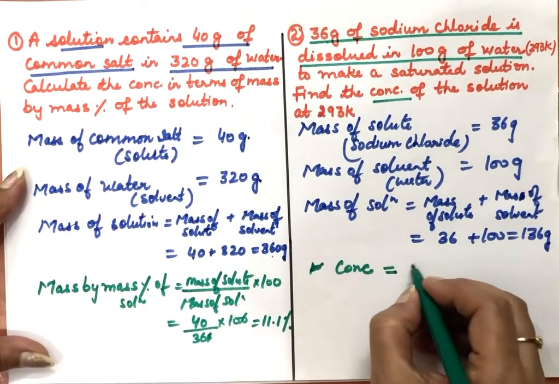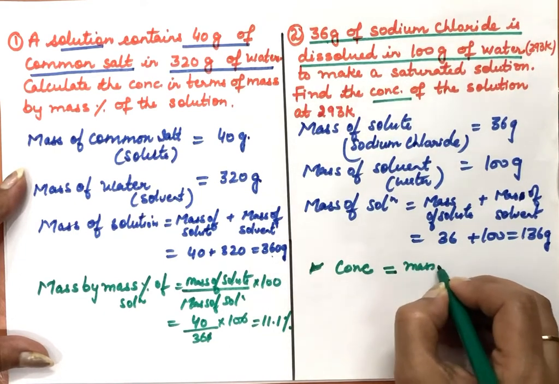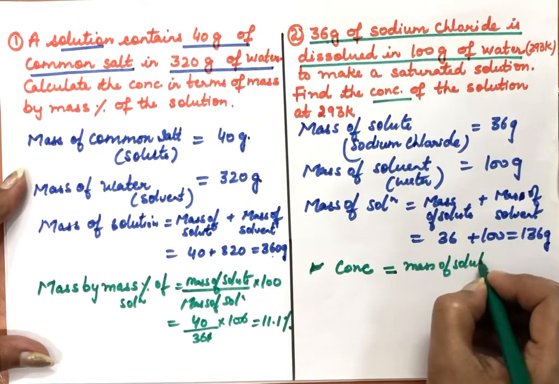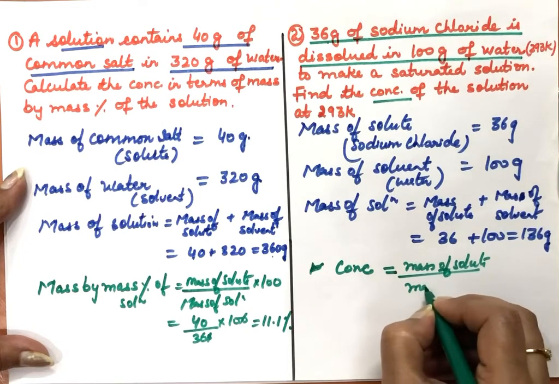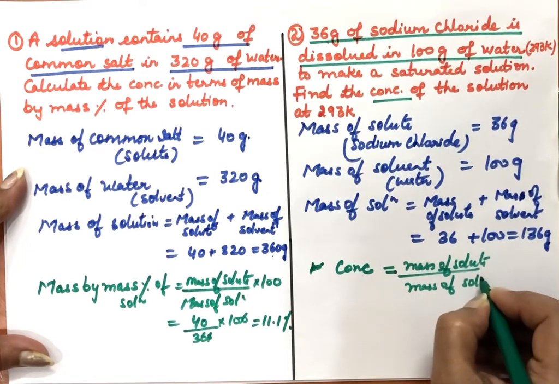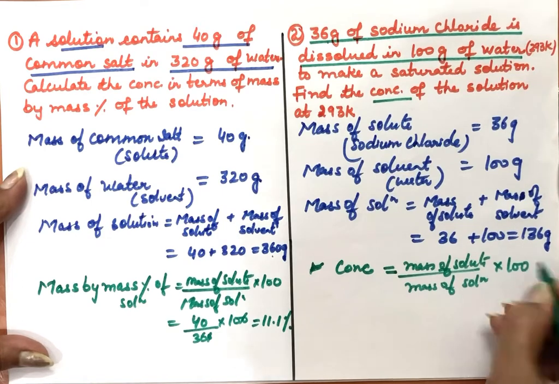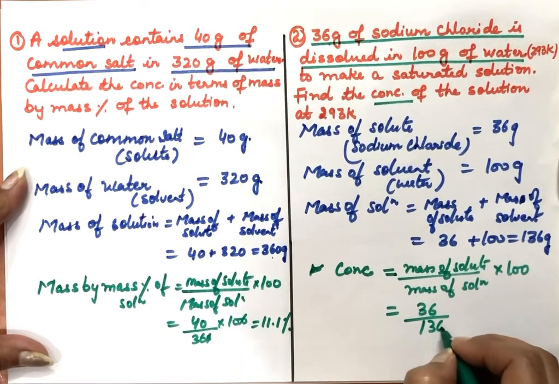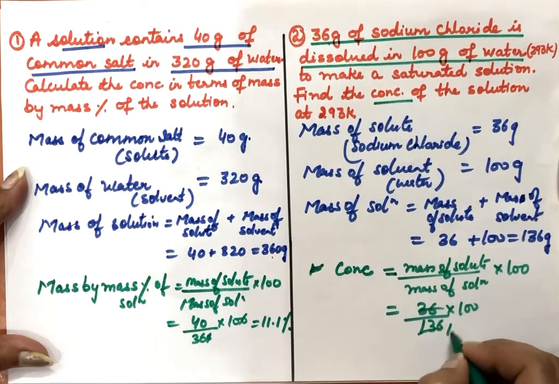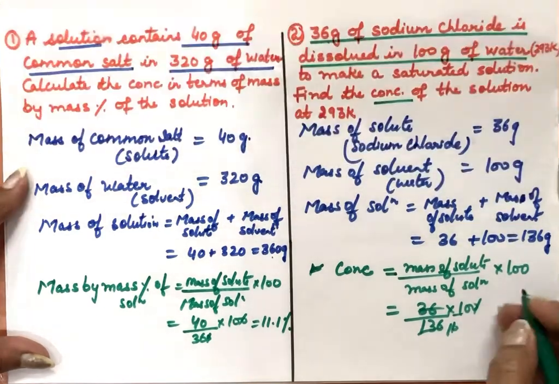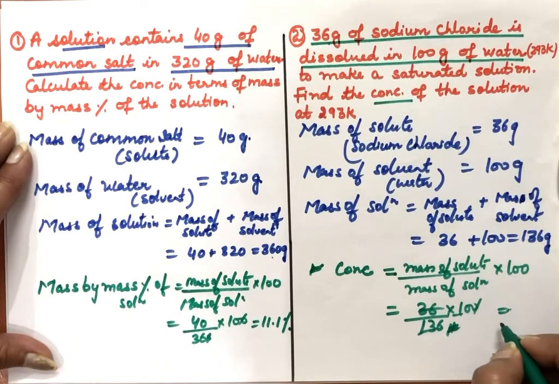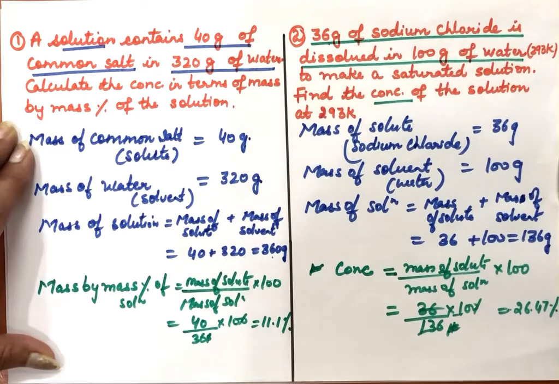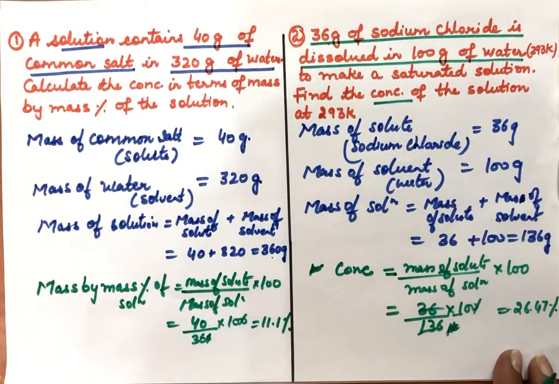So here I am writing concentration, which is equal to mass of solute upon that of the solution into 100. Now fill the values here. Mass of solute is 36, mass of solution is 136. This comes out to be 26.47%. This is the concentration of this solution.